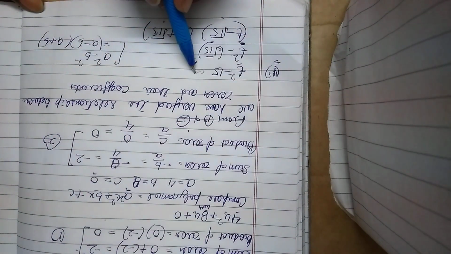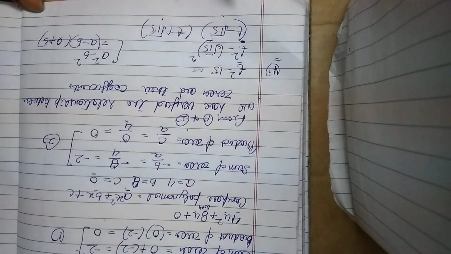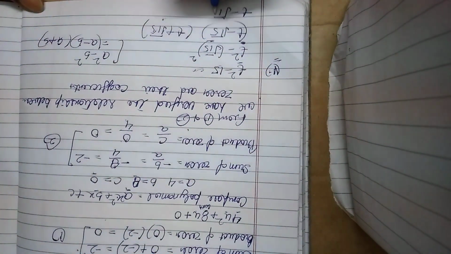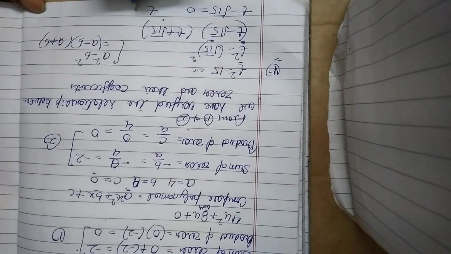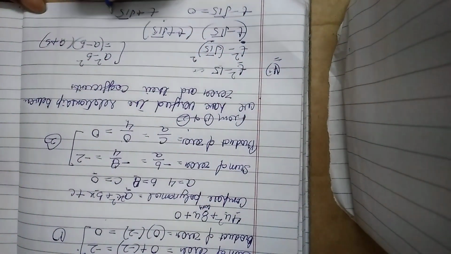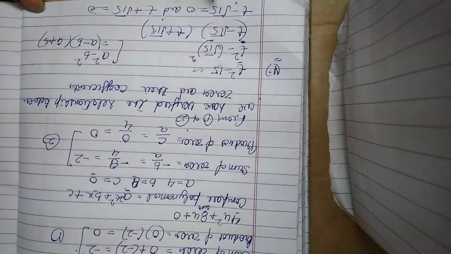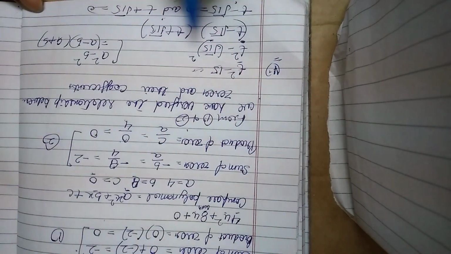Now we find the zeros. If we have to find the zeros, equating these factors equal to 0. Now equating them equal to 0, both: t is equal to root 15, then when it goes to the other side of 0, it becomes minus.